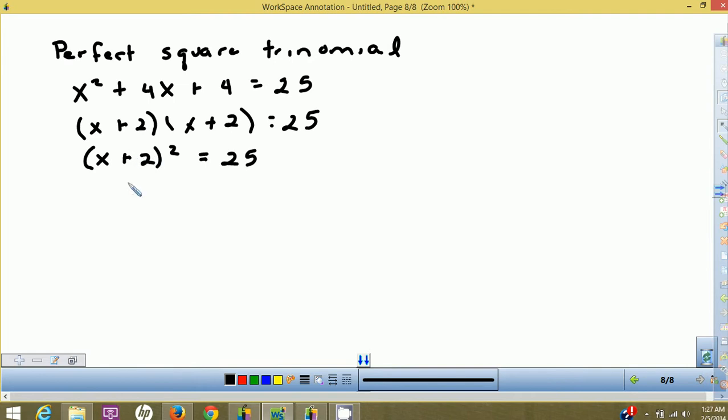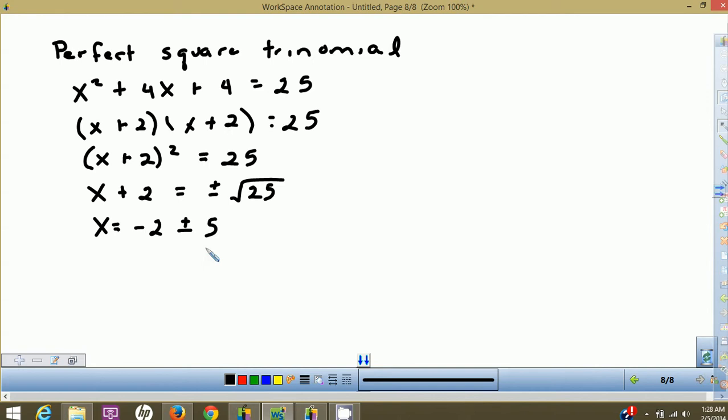So the square root of x plus 2 squared is x plus 2, which is equal to plus or minus the square root of 25. Solving for x, x is equal to negative 2 plus or minus the square root of 25, which is 5. Now this shows us that we have two solutions to this quadratic.